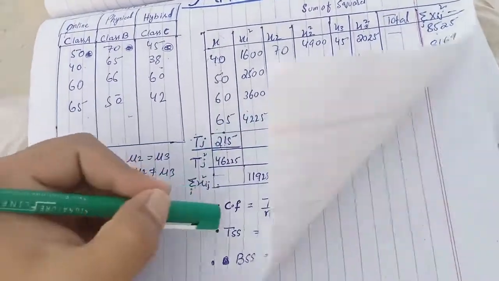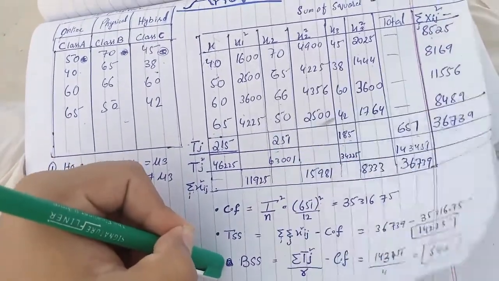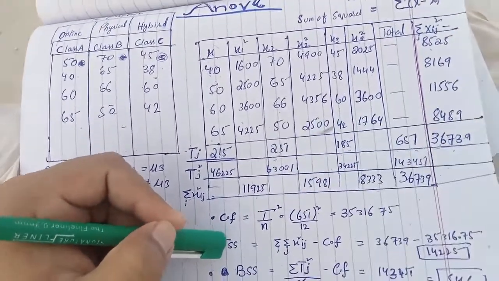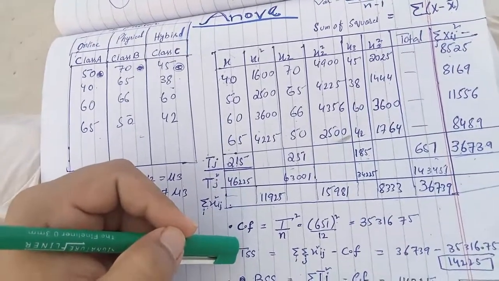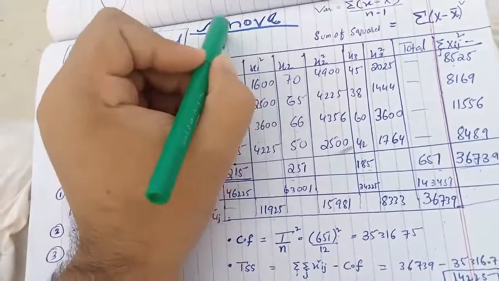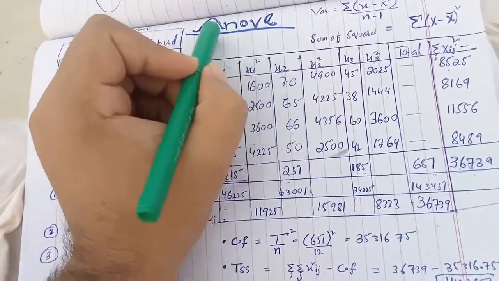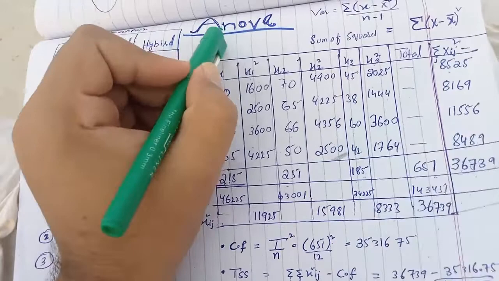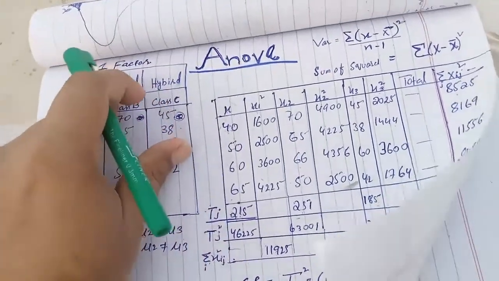Now we have calculated the total sum of square and between sum of square. There is one more thing which is known as the within sum of squares. So basically in a one-way ANOVA, one-way ANOVA means only one factor is involved, right?